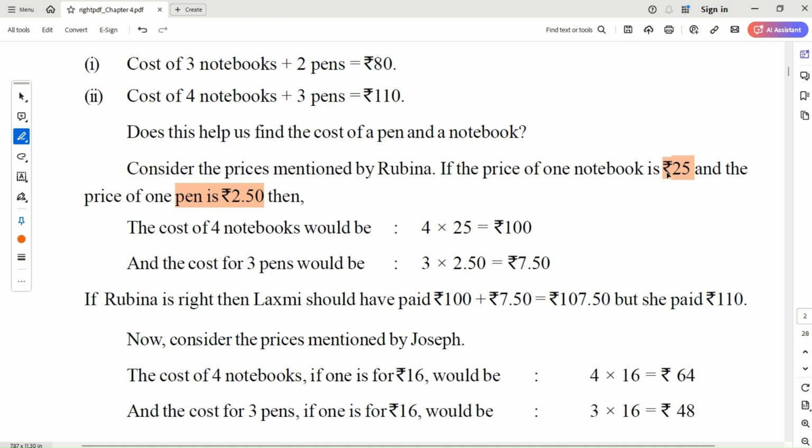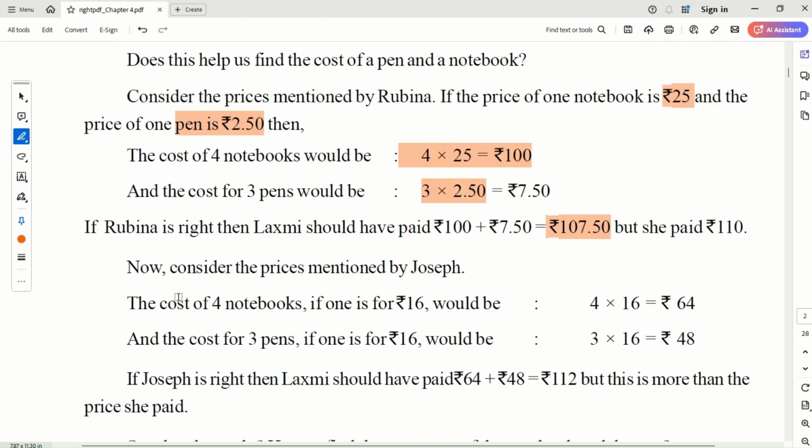Cost of notebook is 25, so 4 into 25, that is 100 rupees, and 3 into 2.5, which is 7.5 rupees. So total cost is becoming 107.5, not 110. So that means the value which we kept for the notebook, 25 rupees, and derived the value of the pen, 2.5 rupees, is not correct. So you need to make another guess.